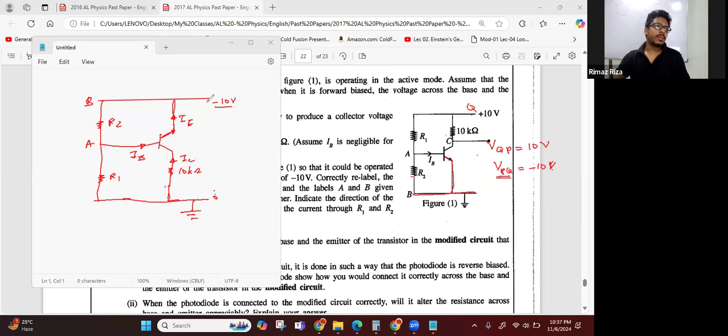That means, for example, if I consider this X Y, V_YX, the potential at Y relative to X, is 10 volt.